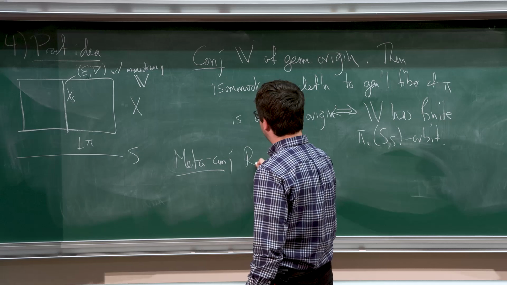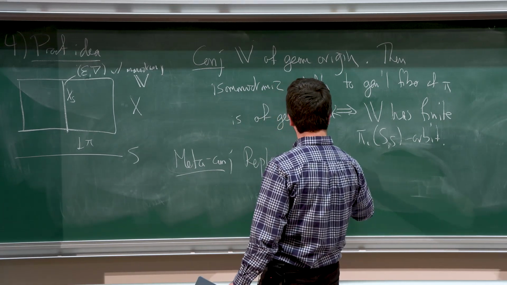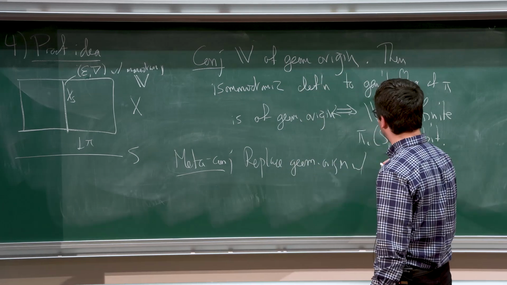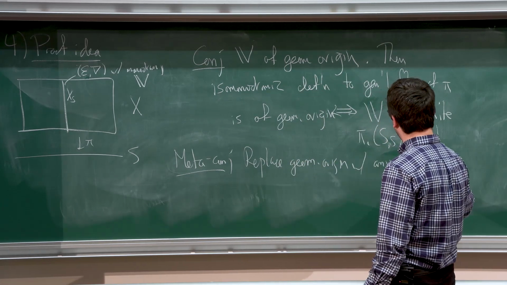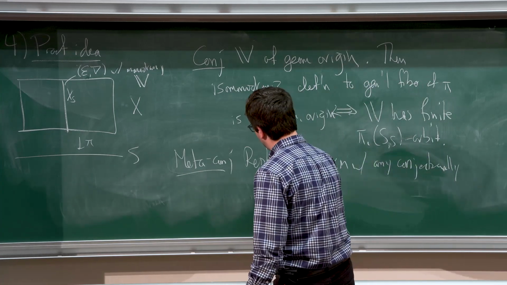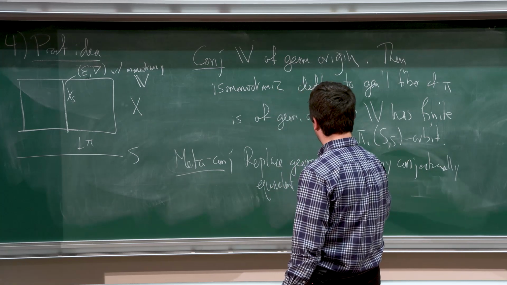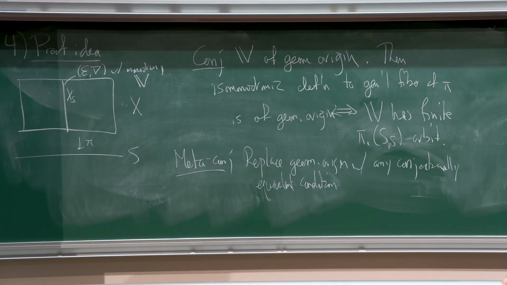Well, you can replace geometric origin in the conjecture with any conjecturally equivalent condition. So for example, underlying a Z variation of Hodge structure.